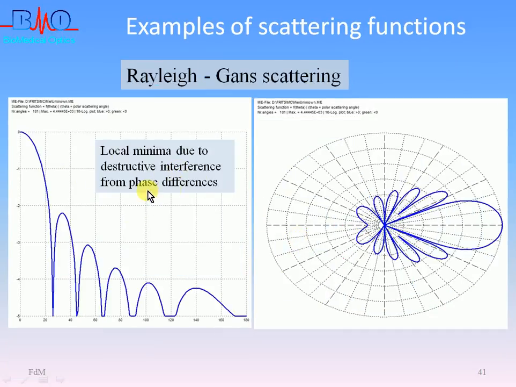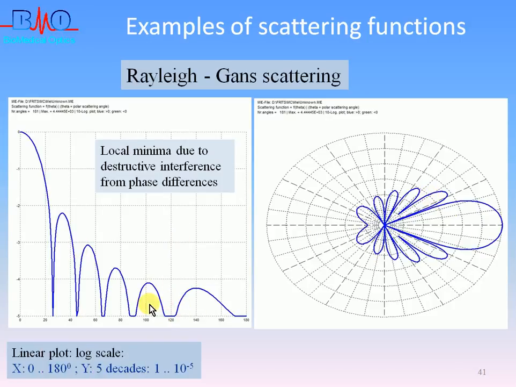For Rayleigh-Gans we have destructive interference, and that causes those sharp dips in the scattering probability. This is a logarithmic plot here, 5 decades, and this is the polar figure, also a logarithmic plot with 5 decades.